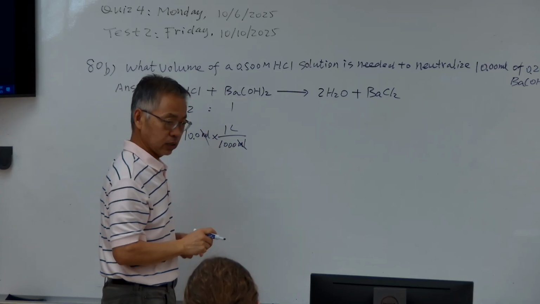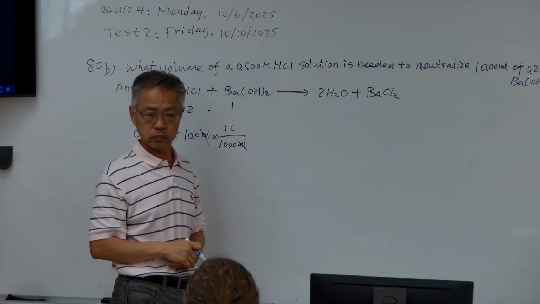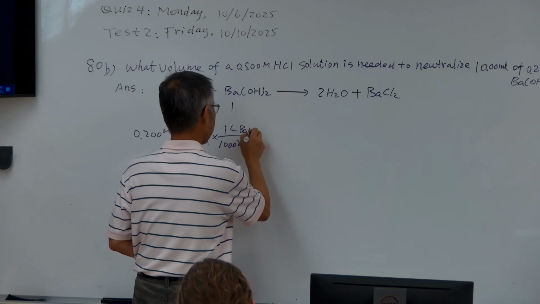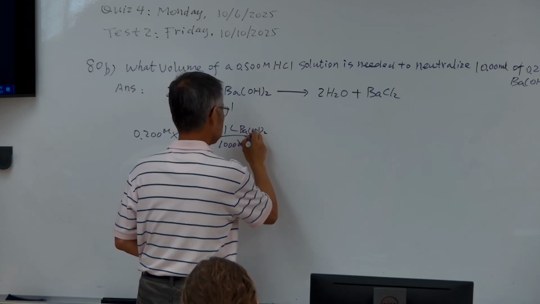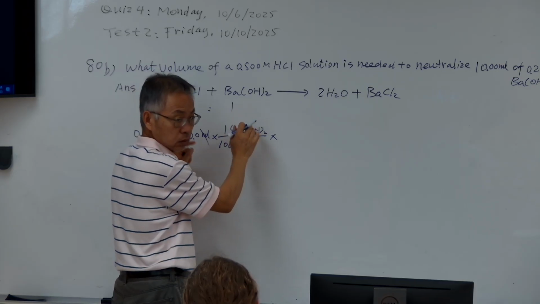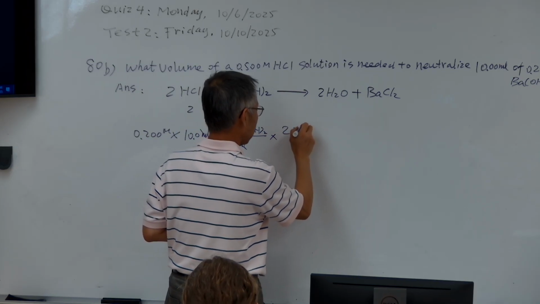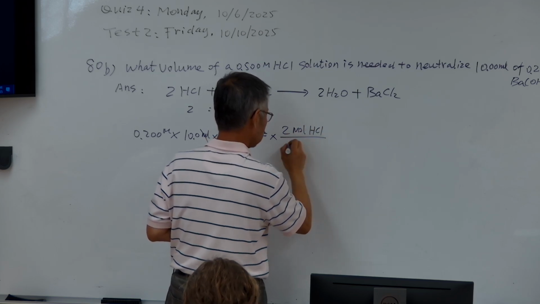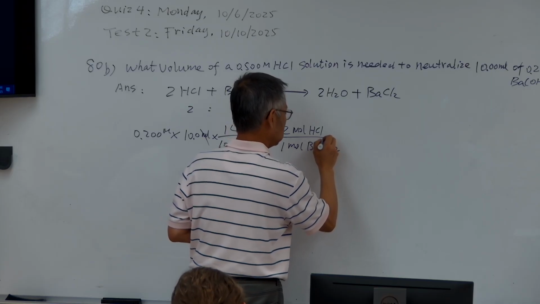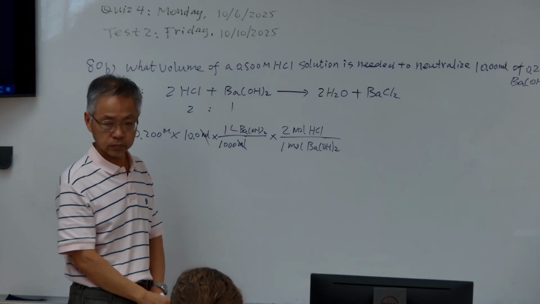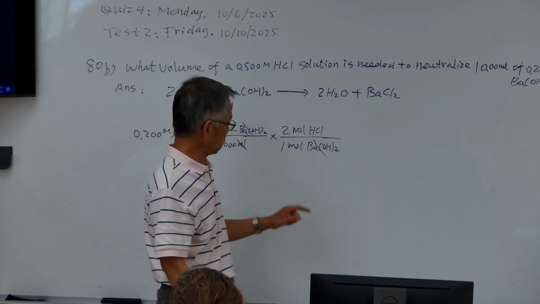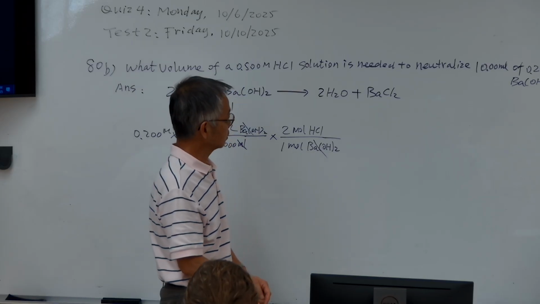For moles of barium hydroxide, according to this balanced equation, we get moles of hydrochloric acid. So up to here, you get moles of hydrochloric acid.